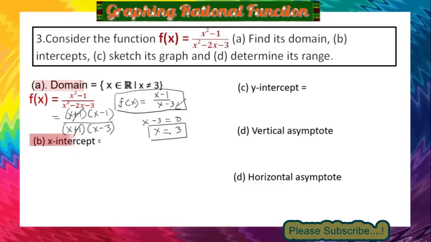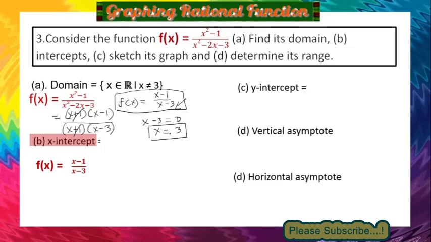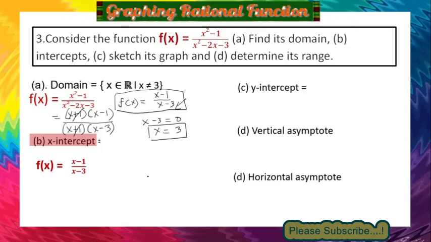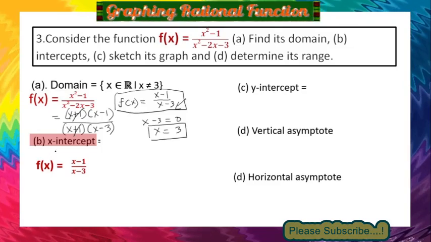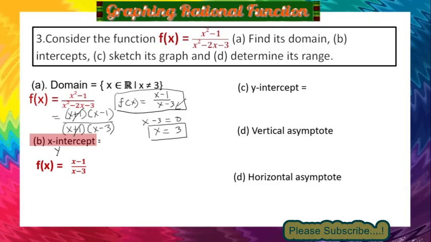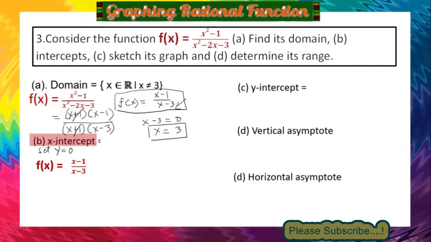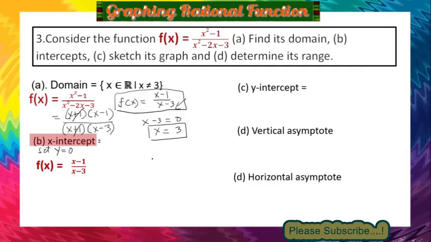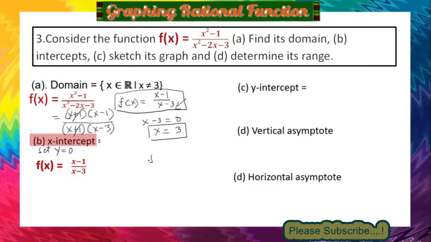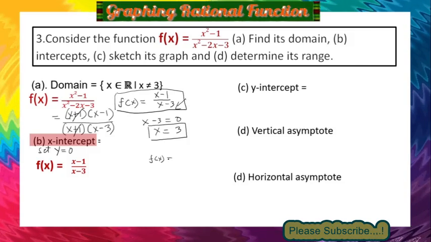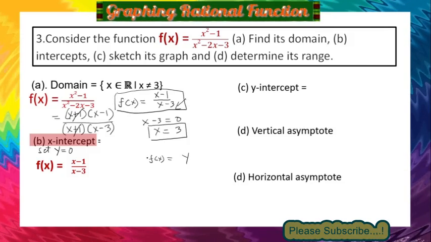For the x-intercept, we have to use the same reduced form, then set y to 0. As I said, f of x is just the same as y.